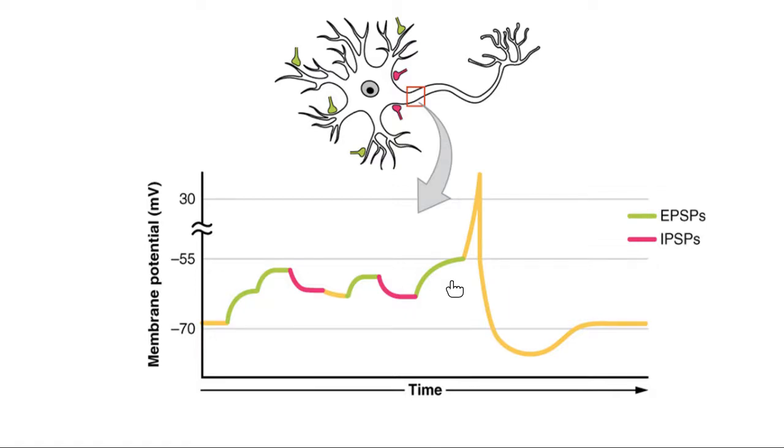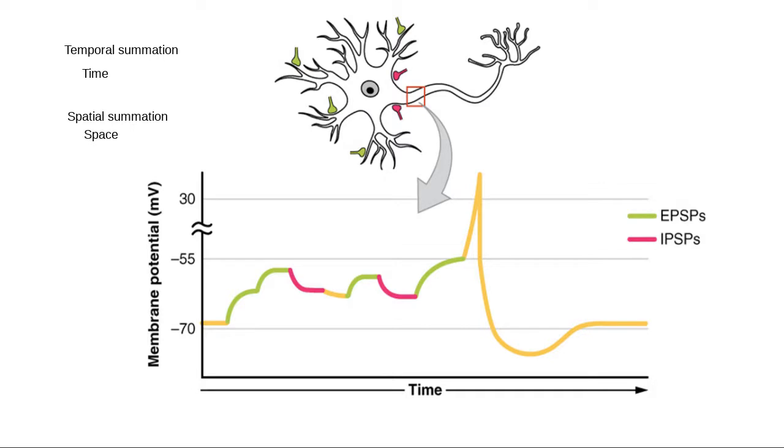When we're talking about the types of summation, there's two types, right? We have what's called temporal summation, and we have what's called spatial summation. Temporal means time. Spatial means space.